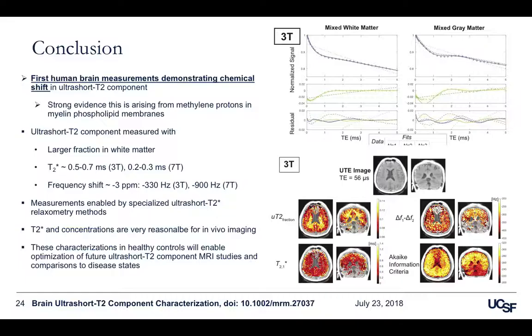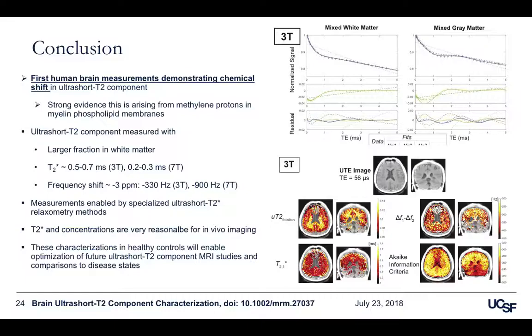It's about -3 ppm. Really, this is all enabled by the specialized Ultrashort-T2 star relaxometry methods that I covered. And overall, the T2 star value, particularly at 3T, and the concentration and amplitude of the signal are very reasonable for performing in vivo imaging.